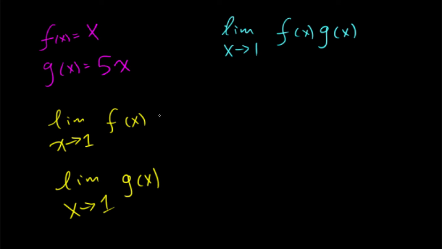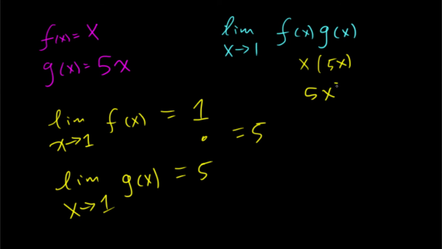So if we plug in 1 here, we end up with just 1. If we plug in 1 here, we end up with 5. If we do 1 times 5, the overall limit is 5. If we did it here, we'd say x times 5x, which is 5x squared. And now if we just plug in that 1, we get 5 times 1 squared, which is 5 times 1, which is just 5.